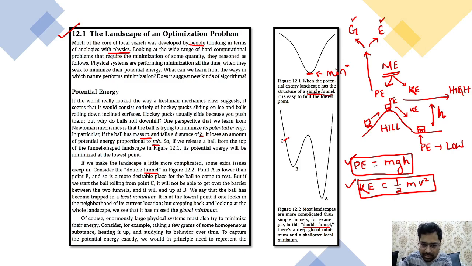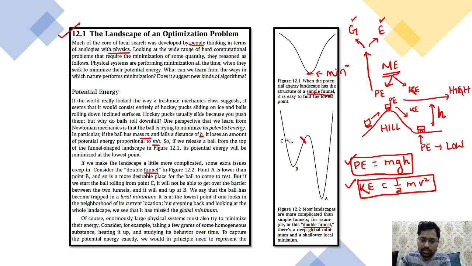Suppose we started here, and the kinetic energy we gained is maximum in this case because we started here. The more the height, the more kinetic energy will apply in future, because the potential energy is higher, so it will be converted to kinetic energy, and that kinetic energy will lead you to cross over anywhere.